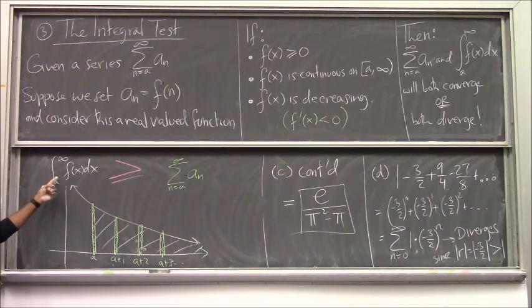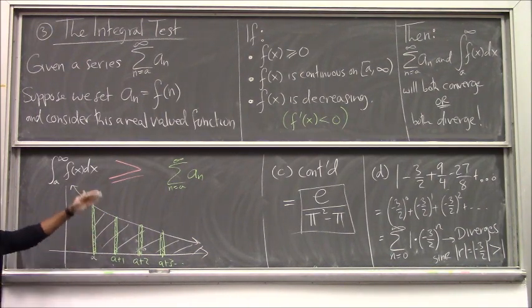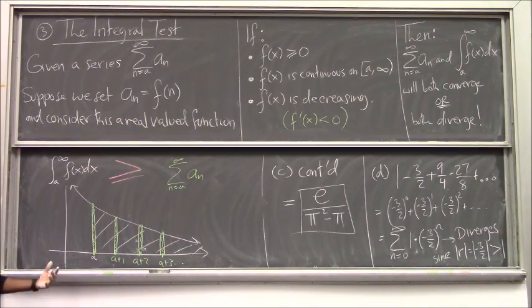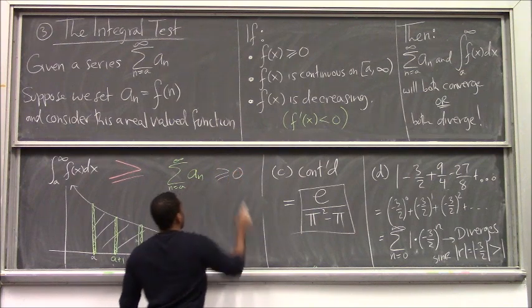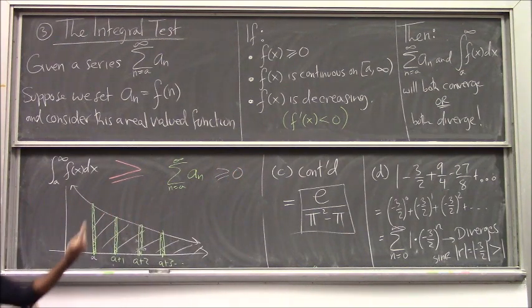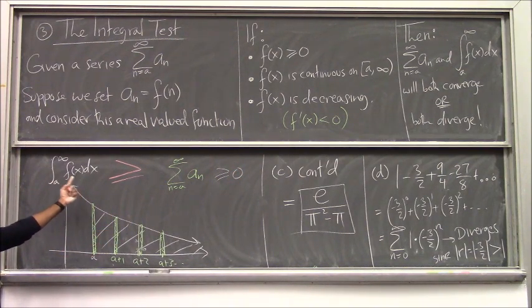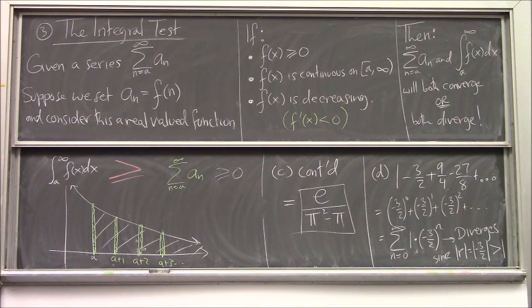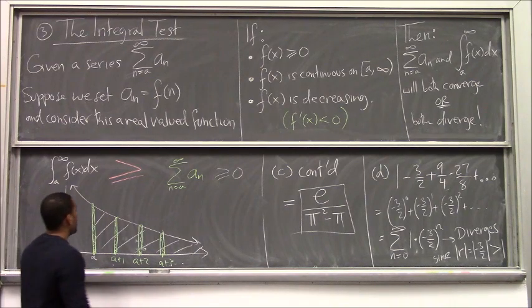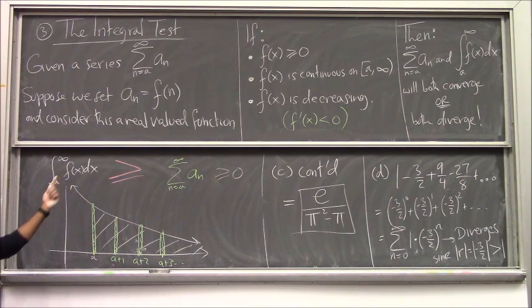So if the integral converges, then the series has to converge as well. One, because it's non-negative, it's always positive, so it's adding up to something. It's never going to diverge to negative infinity. The series is always going to be larger than 0. So the series is going to be stuck between 0 and this integral. And this integral, if it converges, it forces the series to converge. Kind of like a comparison theorem. So it's actually harder to get the integral to converge.